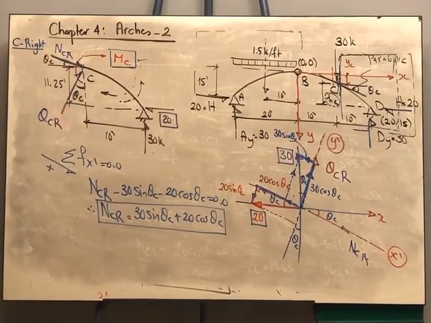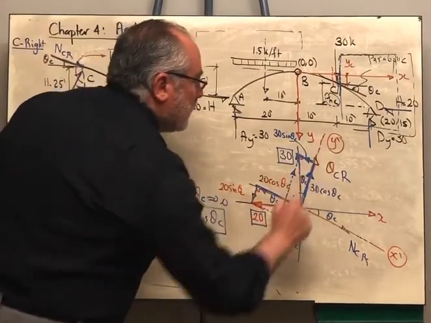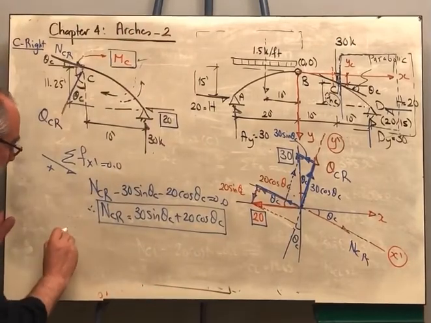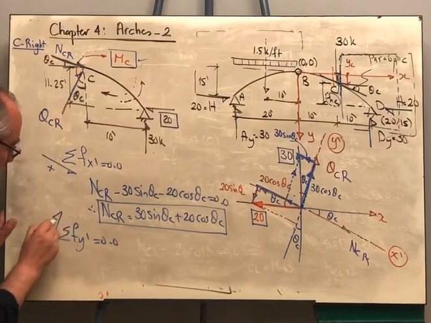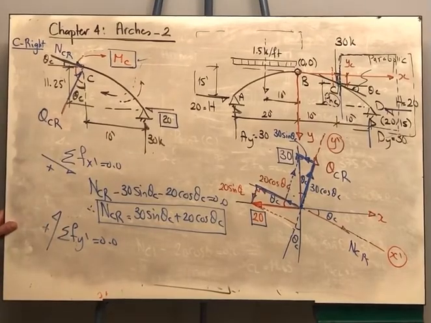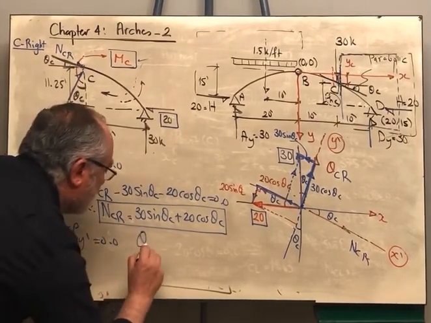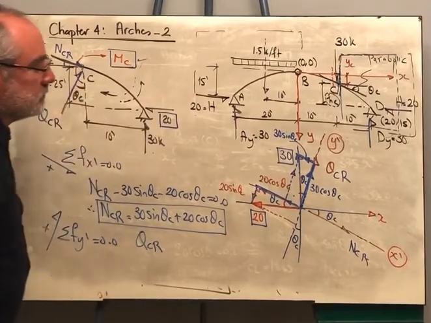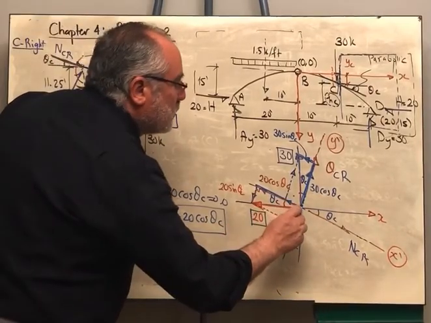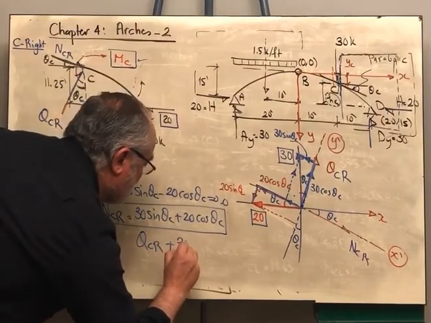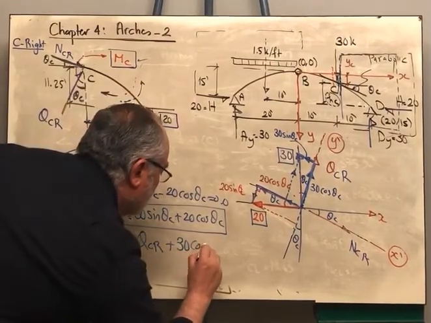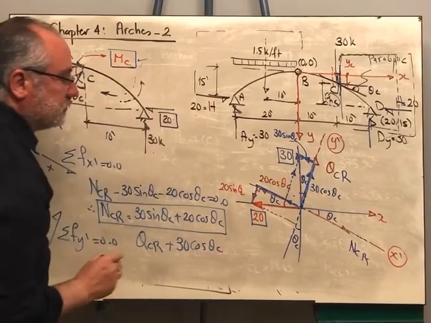Okay? And in the y prime direction, sigma Fy prime is equal to 0. I will take this as the positive direction. Then we have QC right. The component of the 30 is with the positive direction. So this is plus 30 cosine theta c.